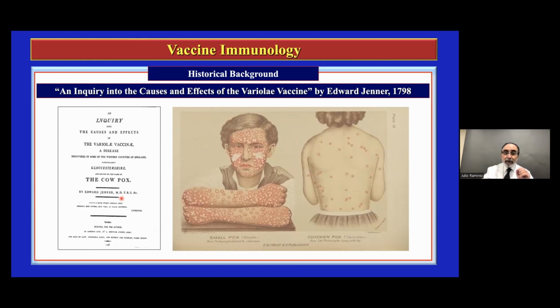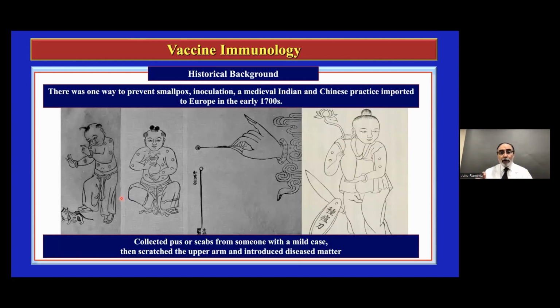Now, before vaccination with Jenner, we know that historically, even thousands of years ago in China and India, they figured out that if a person has smallpox, you get pus from the pustules, and with a knife you scratch the arms or some other areas. This is what's called inoculation.